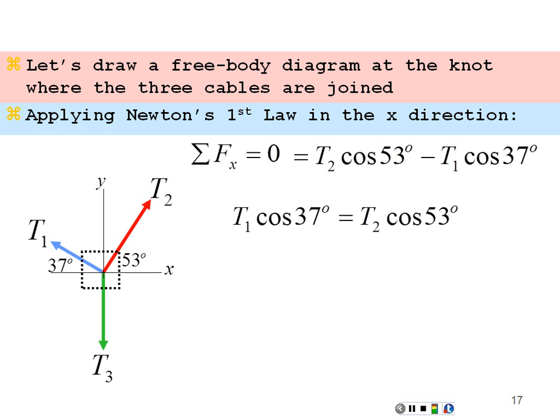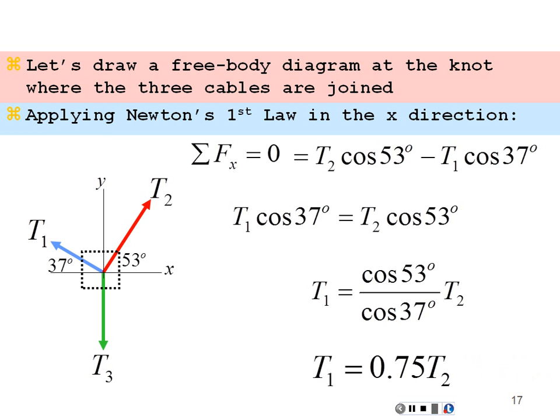We have that tension 1 cosine 37 degrees equals tension 2 cosine 53 degrees. Solve this for tension 1. Tension 1 is the cosine of 53 degrees divided by the cosine of 37 degrees times tension 2. Put in our numbers, we'd say tension 1 is equal to 0.75 tension 2. All right, so we have a relationship between these two tensions.